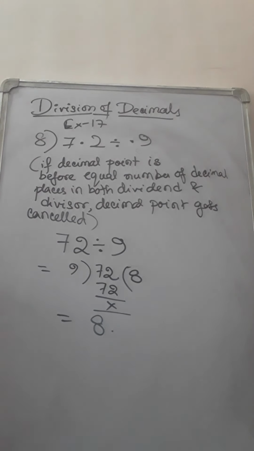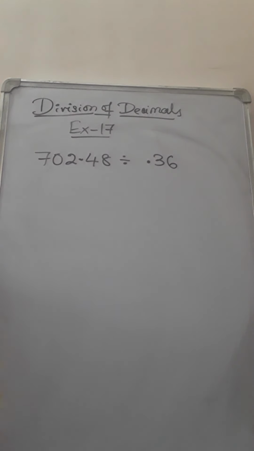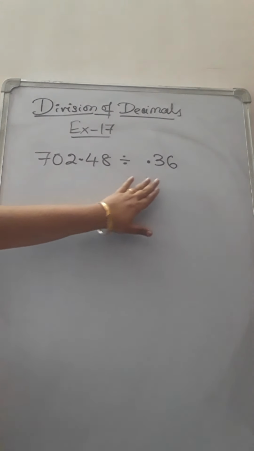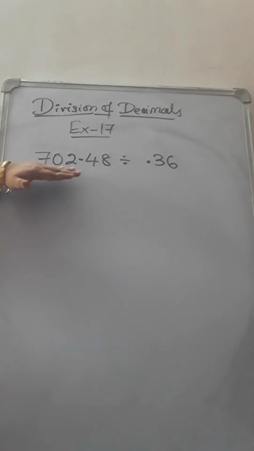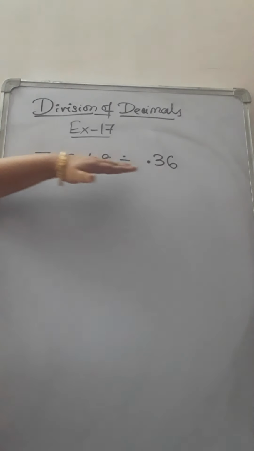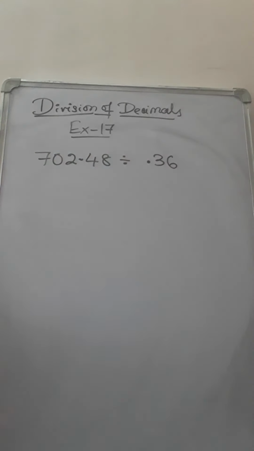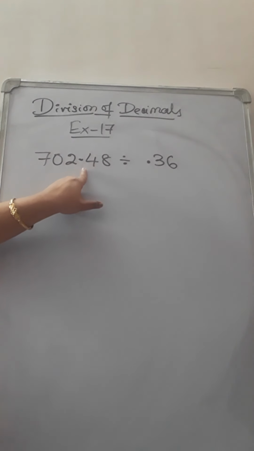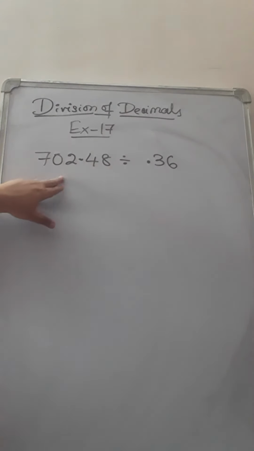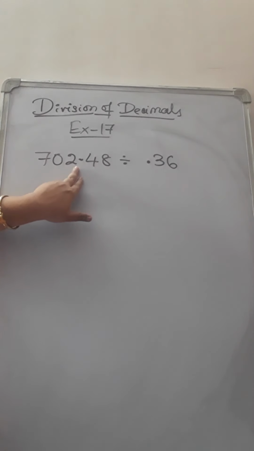One more sum I will be doing under this method. Now let us take this example: 702.48 divided by 0.36. Here the dividend is also a decimal number, the divisor is also a decimal number. When both are decimal numbers, you need to count before how many decimal places you have the point. In the dividend, before 2 places you have the point.